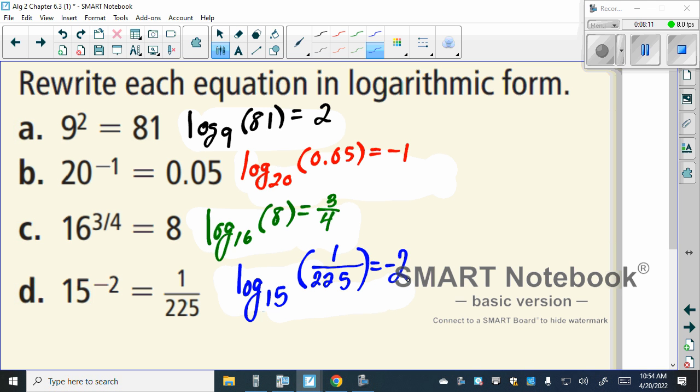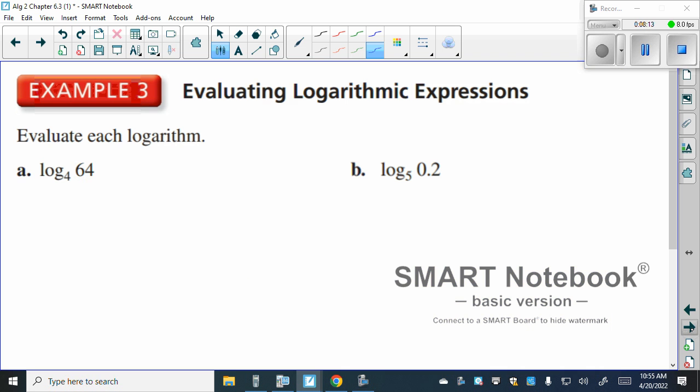We ready for what's next? We want to evaluate log base 4 of 64. So we're wanting to see what this equals. Let's rewrite it as an exponential to see if that helps. If I rewrote log base 4 of 64 equals y, we would have 4 to the y is equal to 64. So we're seeing what 4 to what power gives us 64.